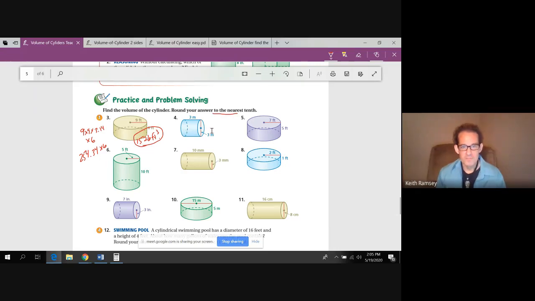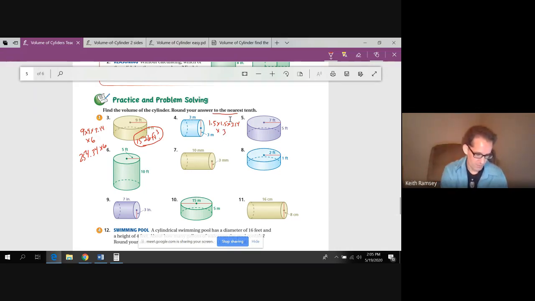Let's look at this one. So they're giving me the whole distance across. Remember what that's called? That's called diameter. So half of 3 is going to be 1.5. 1.5 times 1.5 times 3.14 times the height of the cylinder, which is 3.